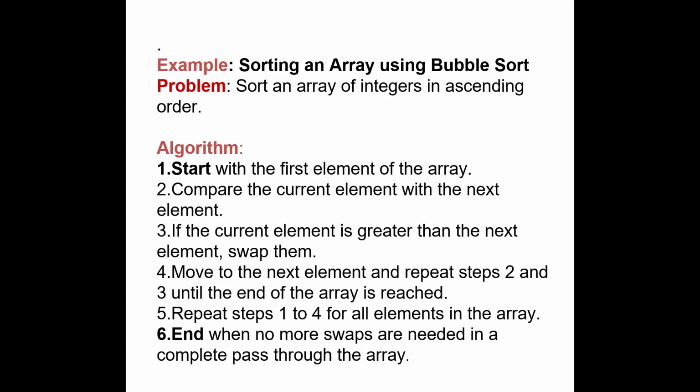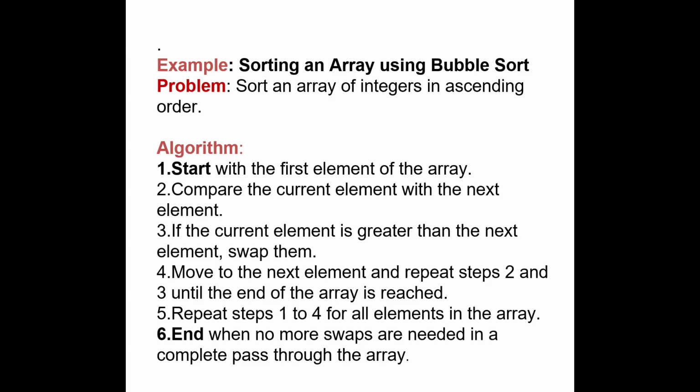You need to make some bubbles among the input values, and make the values get settled in an ordered form, so that the smallest one is in the beginning and the greatest one settles down at the bottom. The third step is, if the current element is greater than the next element, then swap the numbers so that the smallest number comes first and the greatest number goes back.